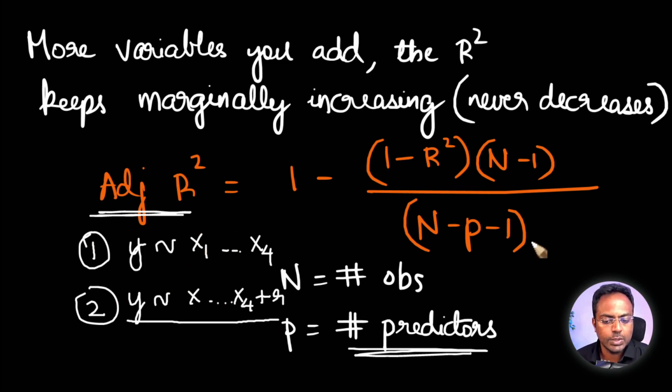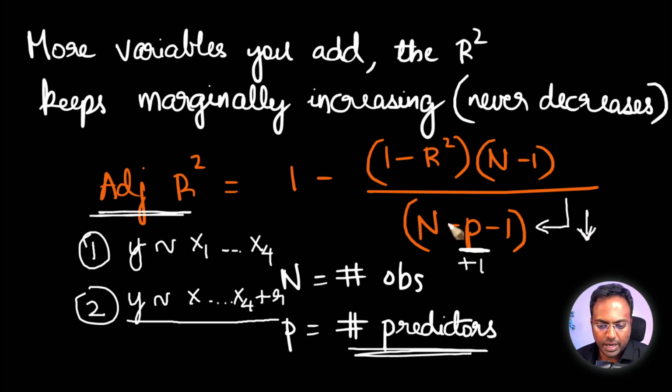That is possible. Why? Because in the denominator, you have a P constant here. The P here represents the number of predictors. So for a new model, if you introduce one additional predictor, this denominator value is going to go down. As P increases, P plus 1 means this whole value is going to go down.